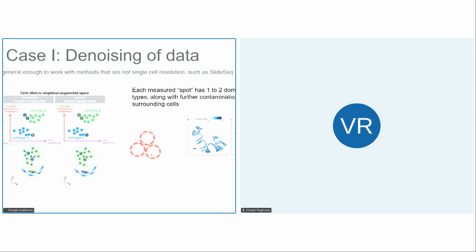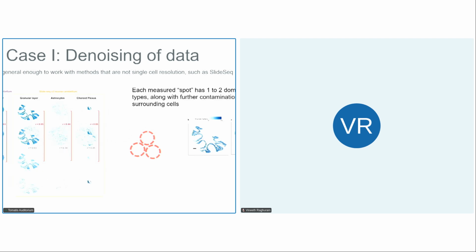What the RCTD folks, RCTD stands for robust cell type decomposition, say is that we've got this data set where non-spatial clustering incorrectly calls a bunch of cells that are not granule cells. The RCTD method says that we can use single cell reference data to deconvolve this, and they show that when you use single cell reference data, you get much cleaner cell type labels in Slide-seq data compared to non-spatial clustering.